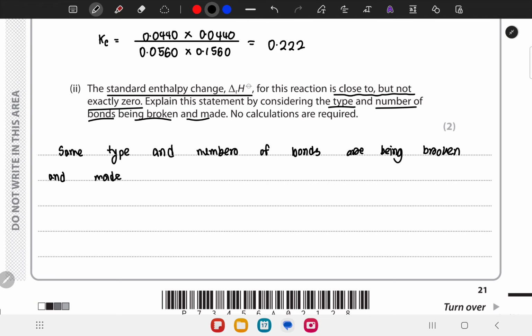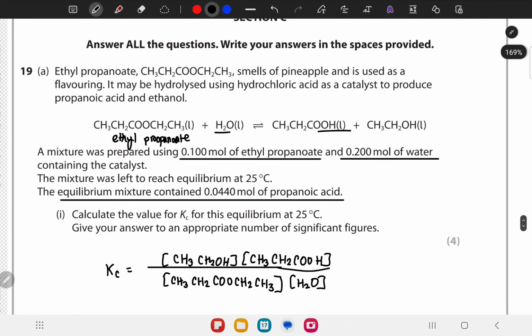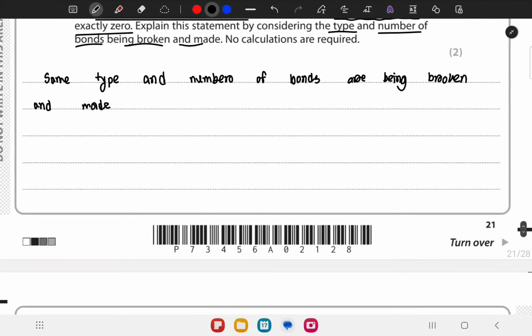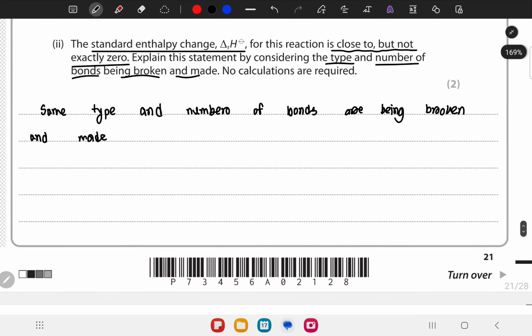This would be because the environment of the OH bonds on the left side and the right side is not the same. Due to the change in environment, there will be a slight change in the bond enthalpy even if they're the same bond. So the first part describes why it's almost close to 0, and then we describe why it's not exactly 0.